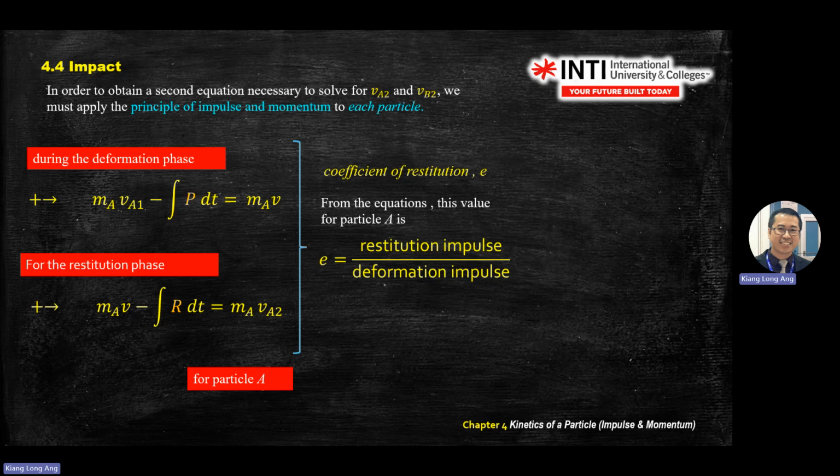Always take output divided by input, or after divided by before. In this case, we are looking at the coefficient of restitution. We take after, which is the restitution impulse, divided by the deformation impulse. You take this one divided by this one.